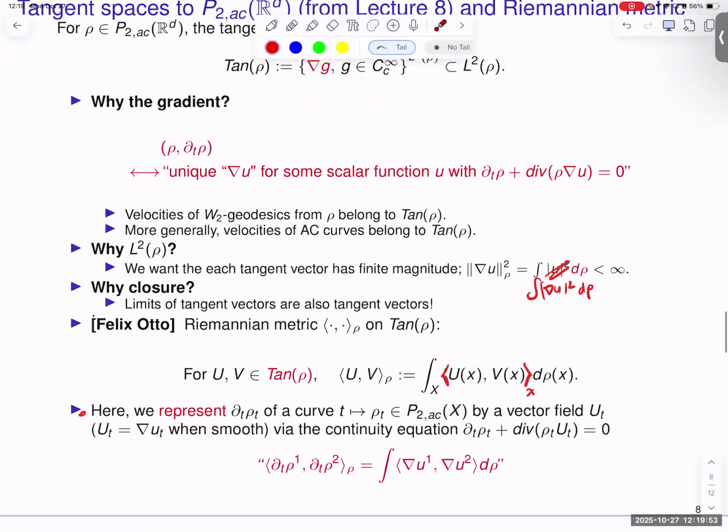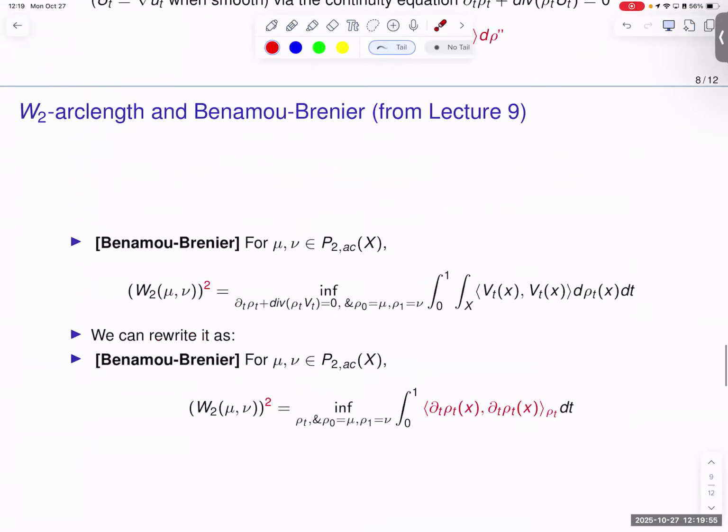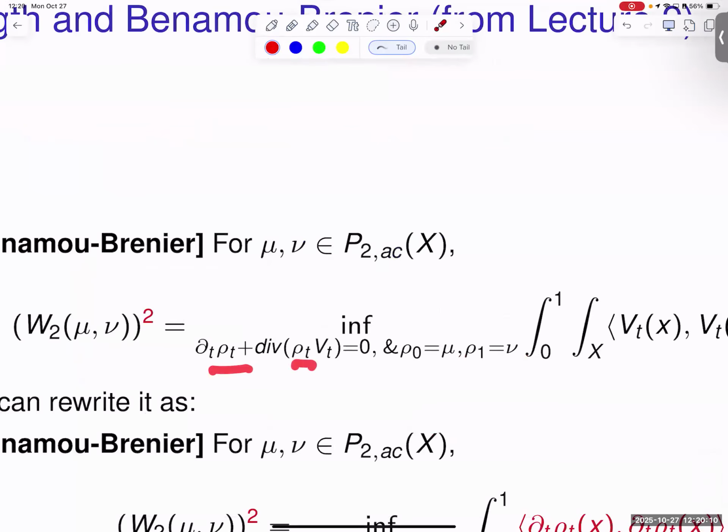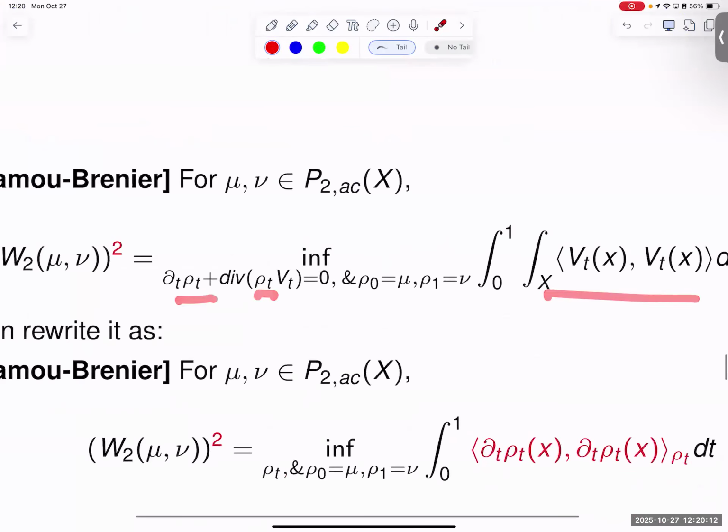So once you accept this, Benamou-Brenier says this Wasserstein distance is an infimum of the energy of your curve in the space of probability measures, represented by this continuity equation.